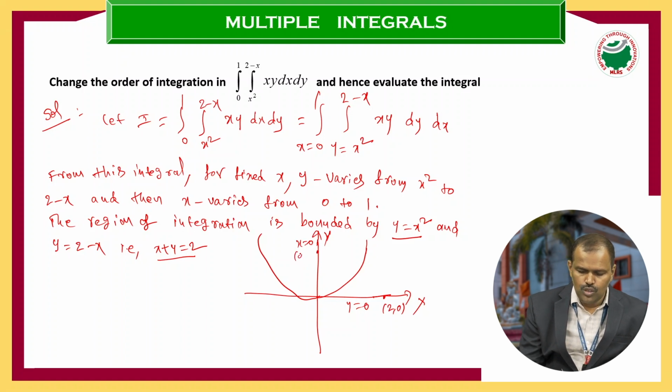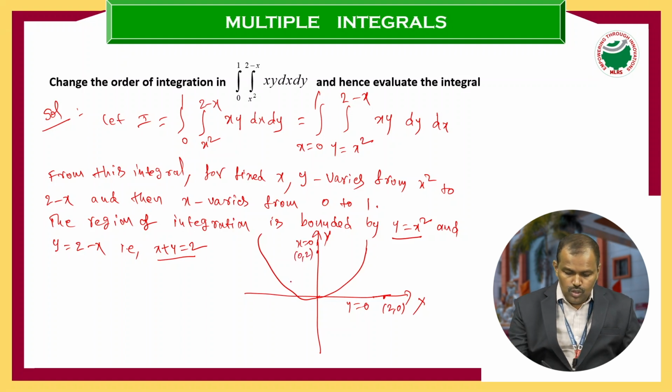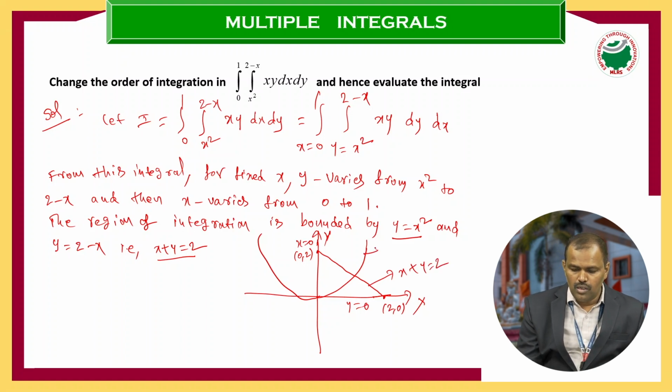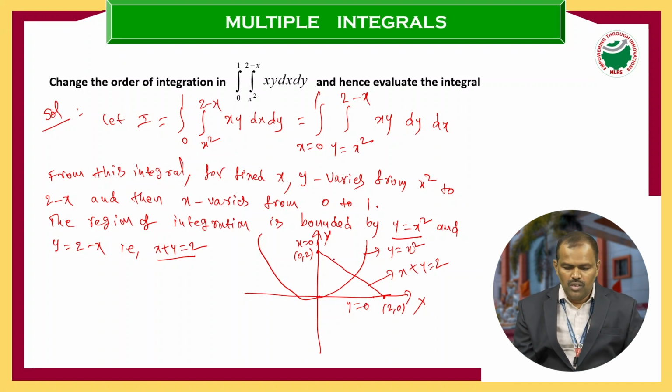When we join these two points, we get the line x plus y is equal to 2. This is the parabola, y is equal to x square. Now in this region we have to integrate.